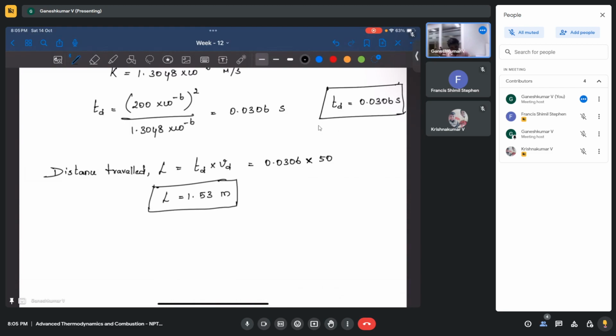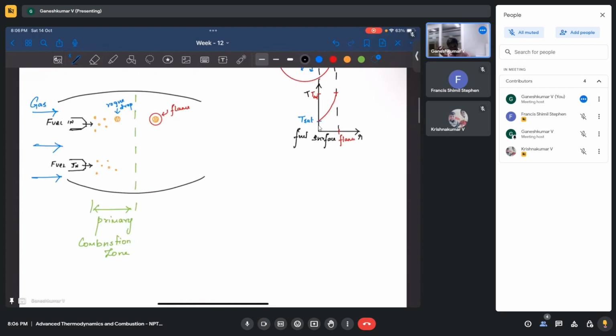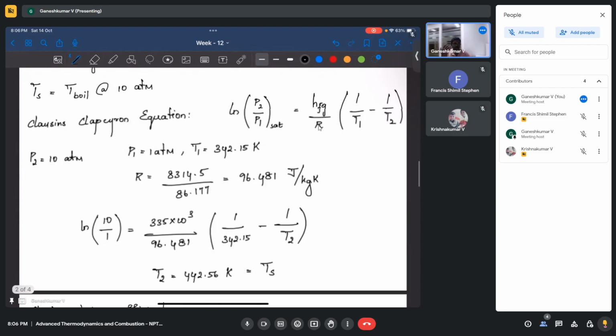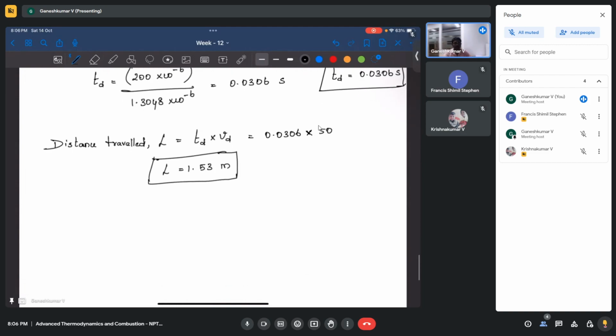We are talking about the secondary zone, right? Only in the secondary zone, this big rogue droplet came out and entered the secondary zone, and we are saying the secondary zone should also have 1.5 meters. Then it's going to be really difficult to have a very big combustor.